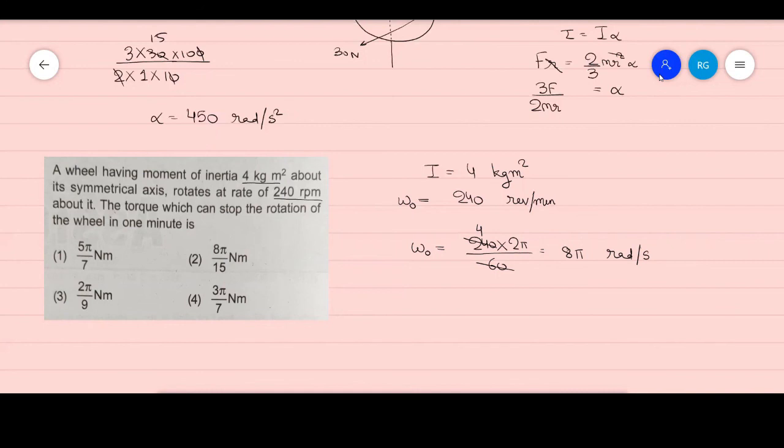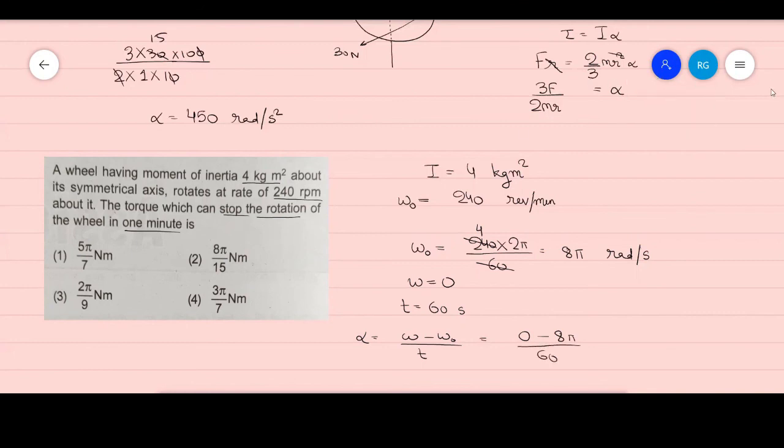They have asked the torque which can stop the rotation. So for stopping the rotation, the final omega should be 0. And in 1 minute, so the time is 60 seconds. So the value of alpha will be omega minus omega naught upon t. So it will be 0 minus 8 pi on 60.